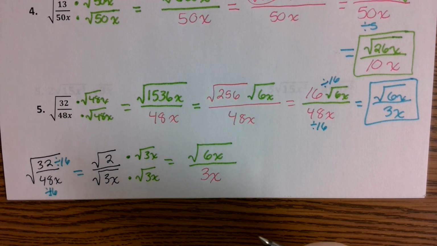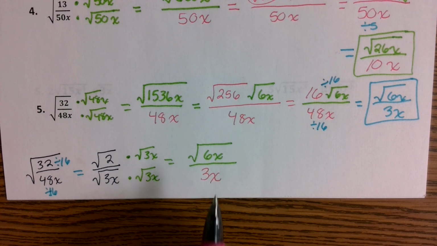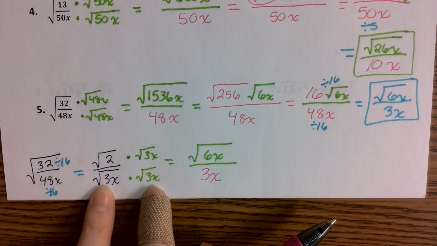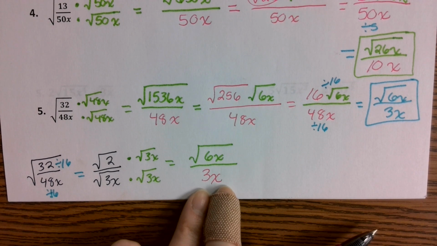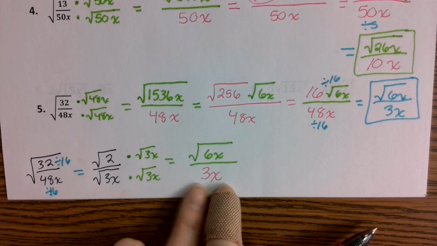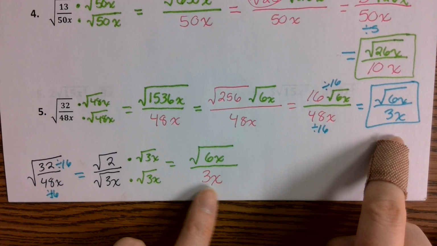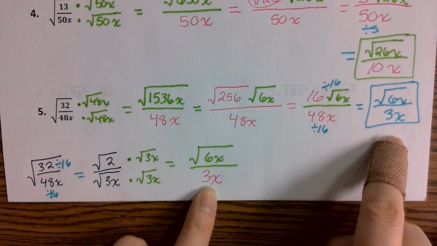Square root of 9x squared, but that would simplify to 3x. The same square root times the same square root means you just get whatever the radicand was. Remove the radical, you're left with just the radicand, and you're done. Look at how they're the same answers. So which one do you think is easier? Simplifying ahead of time or simplifying at the end?